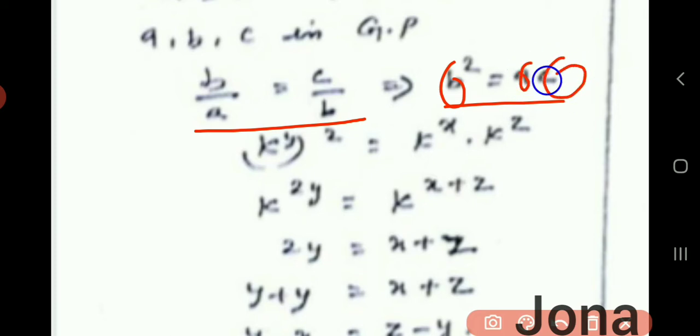Here in the problem it's given A, B, C is in GP. So that GP is nothing but B by A equal to C by B. If you cross multiply, we can get B square equal to AC. So now we want to substitute all the values of A, B and C here.